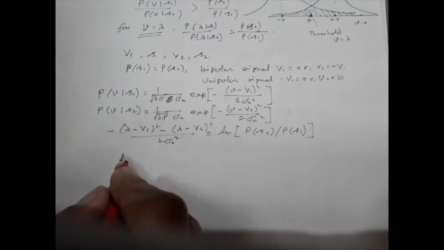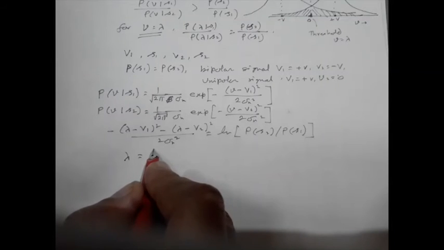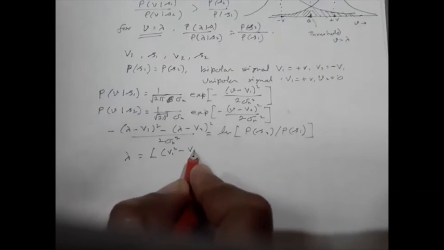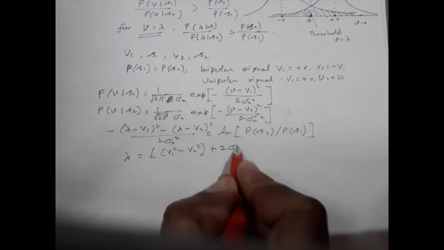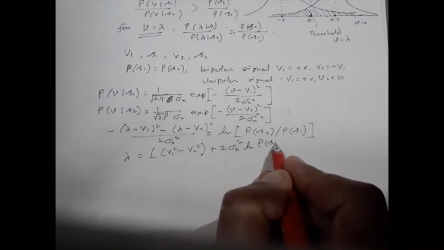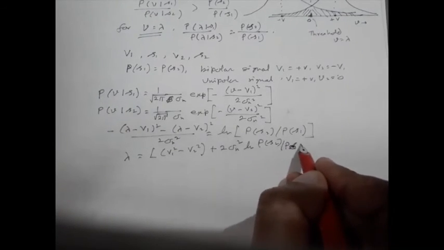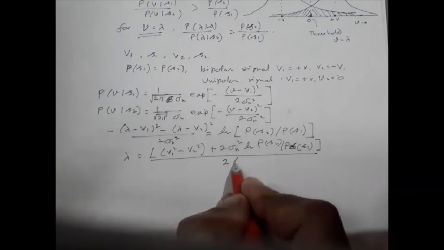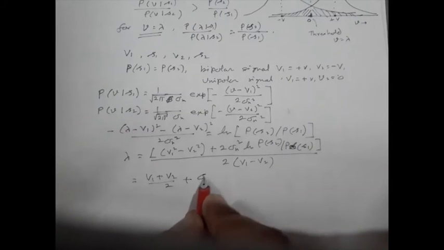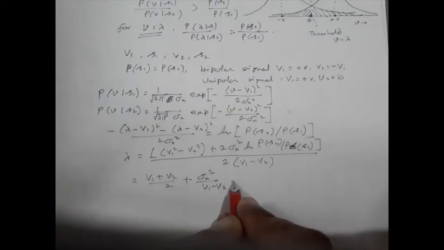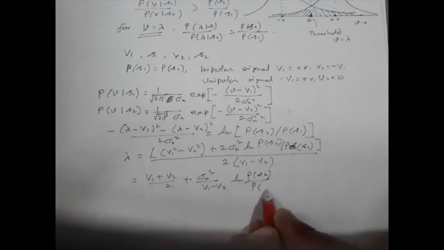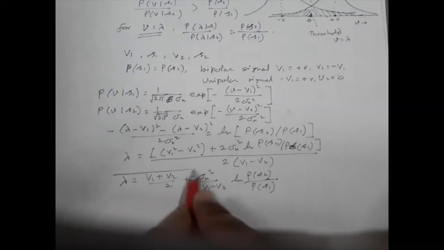From that we can calculate the expression for lambda as [V1 square minus V2 square plus 2 sigma_n square log of P(S2) by P(S1)] divided by 2 into (V1 minus V2), or that can be rewritten as (V1 plus V2) by 2 plus sigma_n square by (V1 minus V2) log of P(S2) by P(S1). So this is the general expression of the threshold voltage for this case.